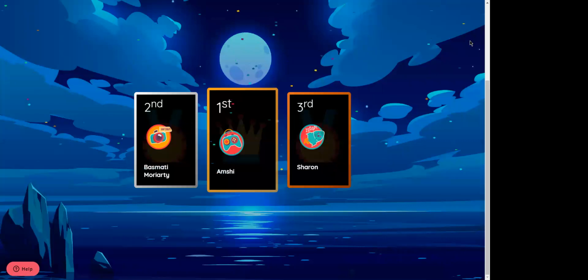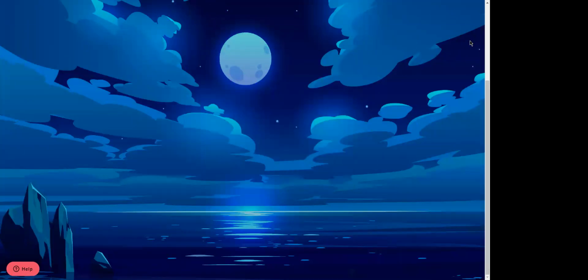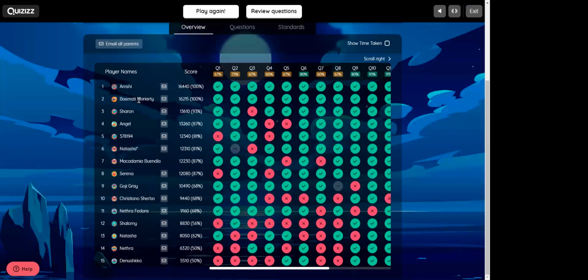Okay. So first is Amshi, second is Sharon, third is Angel. These are not our students, some external participants.